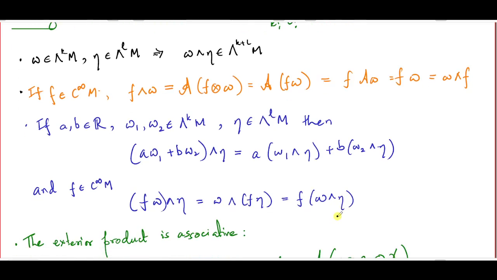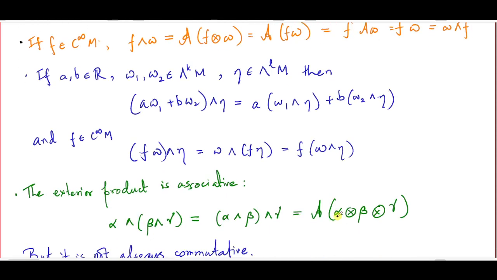Now, our next result is very important, but it's not that easy to show in general. So I'm not going to spend a lot of time proving that, but you should be able to convince yourself with some simple, at least small K forms, that this is actually true. That if you have three forms, a K form, an L form, and an M form, alpha, beta, and gamma respectively, then their exterior product is associative.